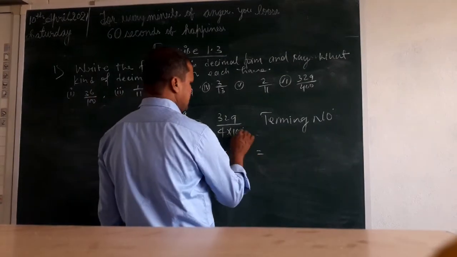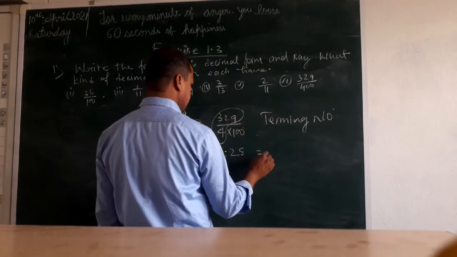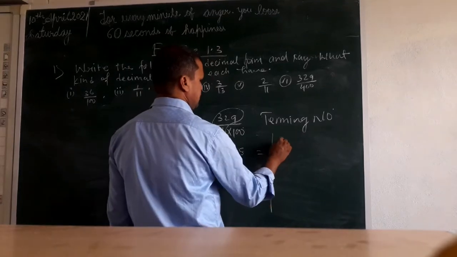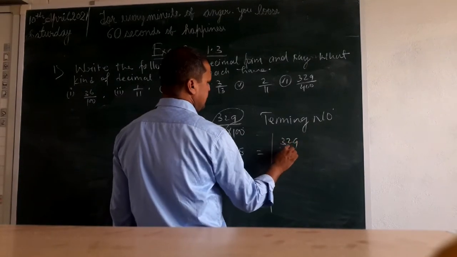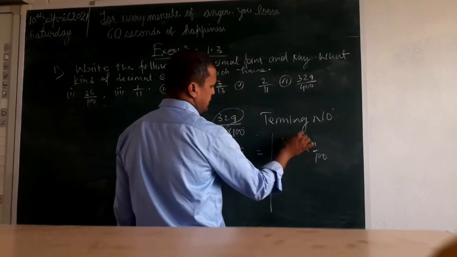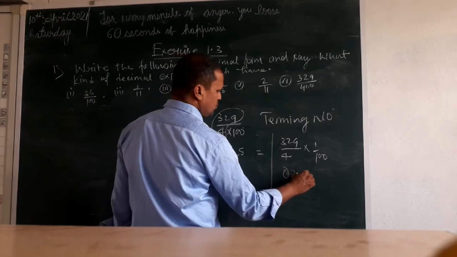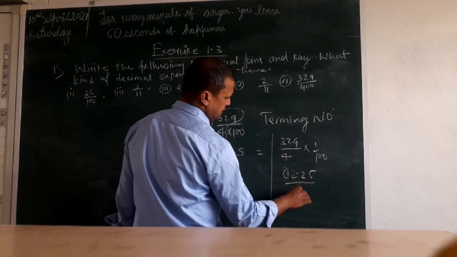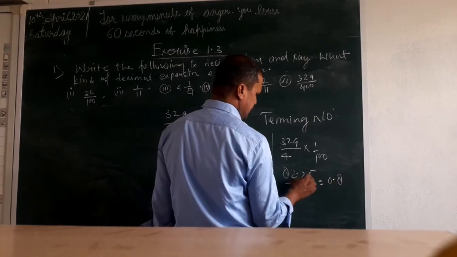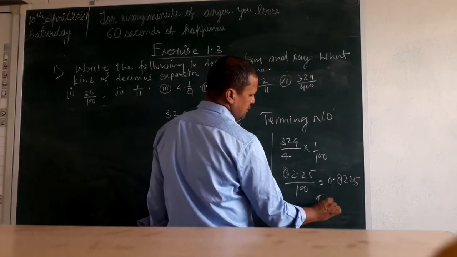So this can be written as 329 by 4 into 1 by 100, and the value of 329 by 4 is 82.25, divided by 100, so it is 0.8225. This is terminating.